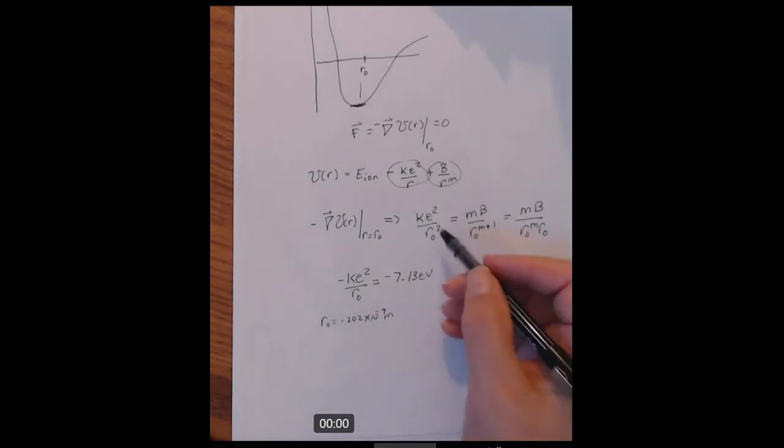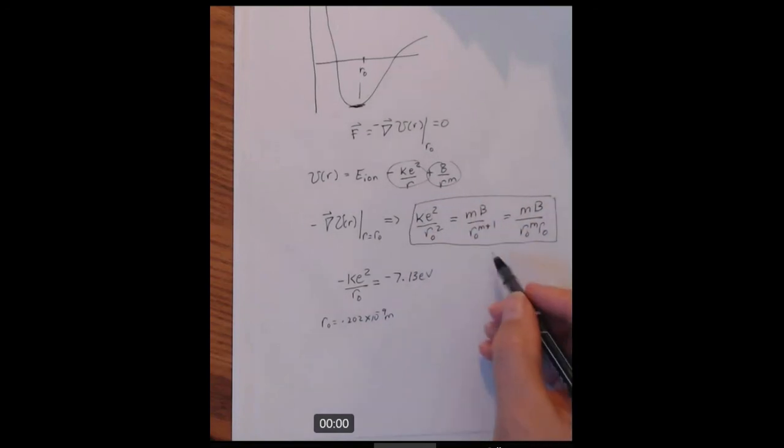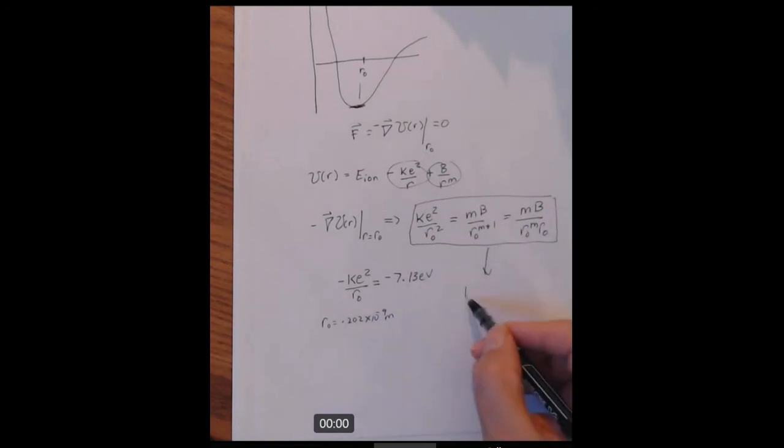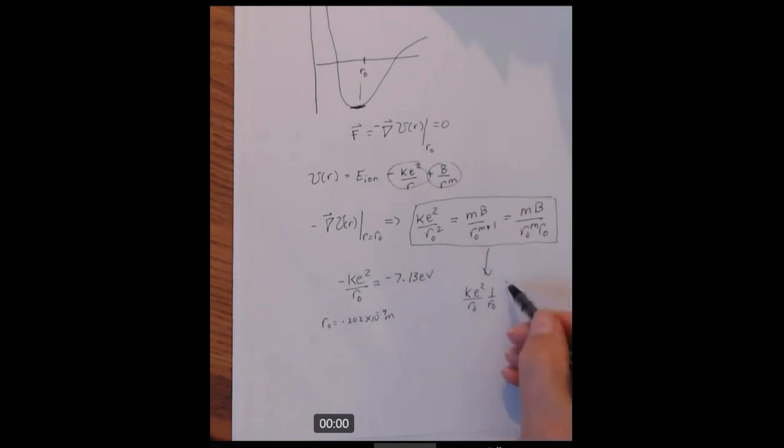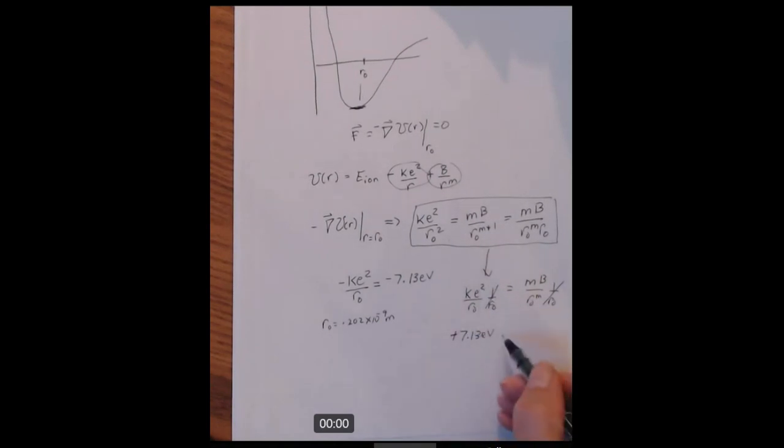So I go back up here and rewrite that as K E squared over R naught times 1 over R naught. That's the Coulomb term. It equals M B R naught to the M times 1 over R naught. So the R naughts can get canceled out. And I know what this is: negative 7.13 electron volts. Well, I'm just worried about the magnitude there.